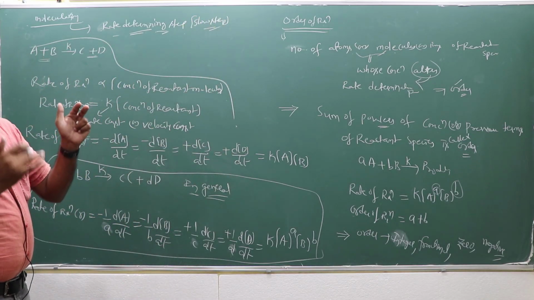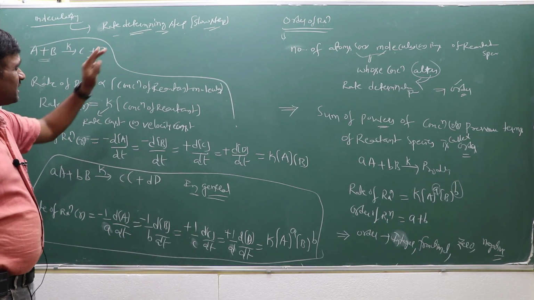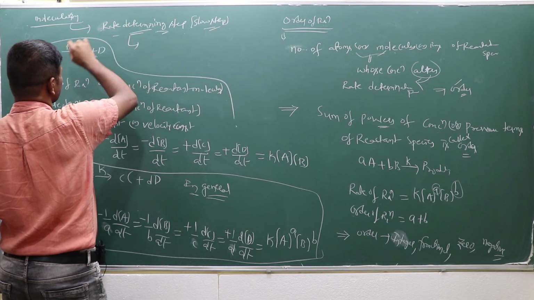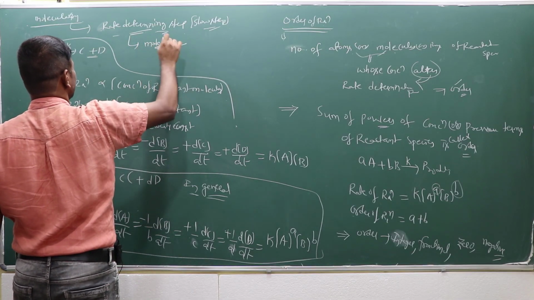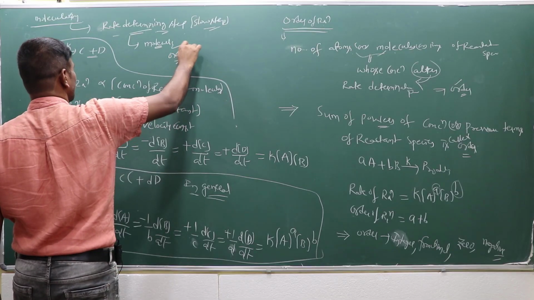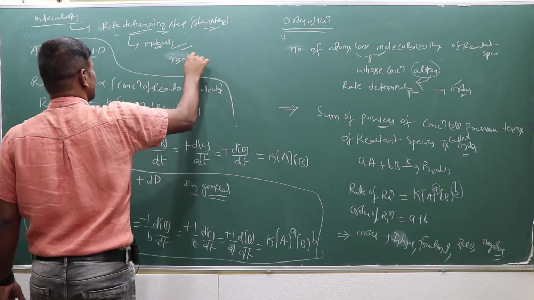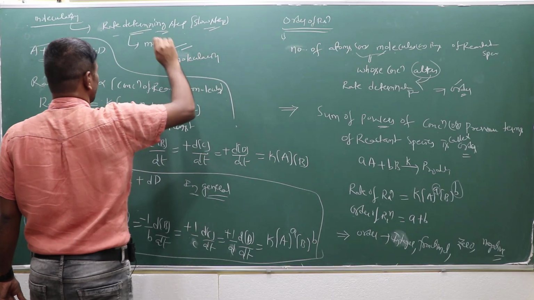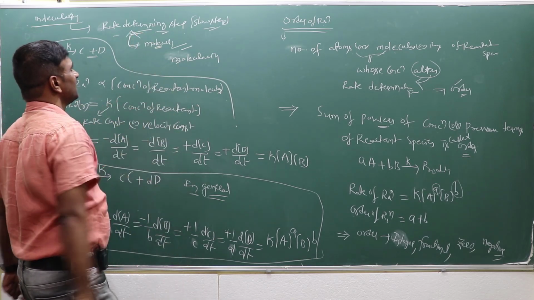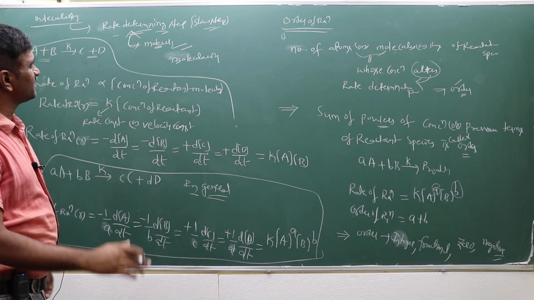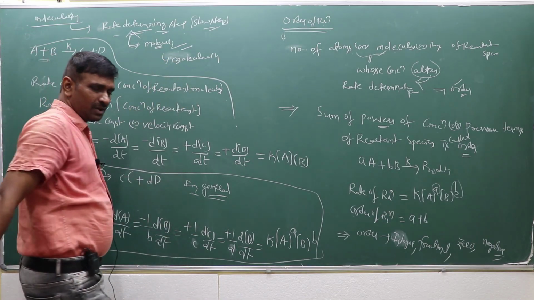In that rate determining step, the number of atoms or ions or molecules that participate is considered as the molecularity. The number of molecules or atoms or ions which participate in the rate determining step, that number is called the molecularity.